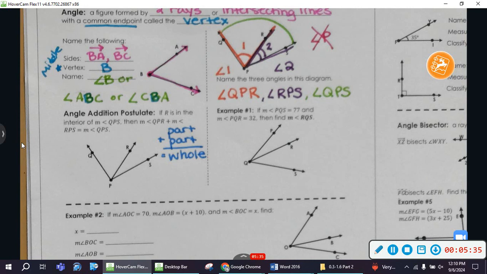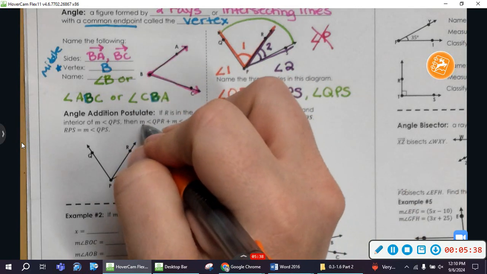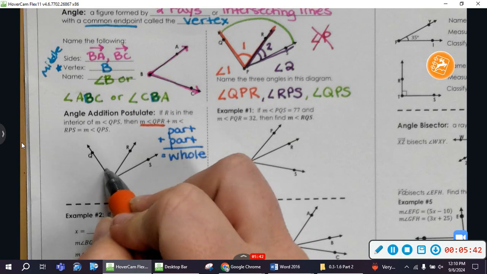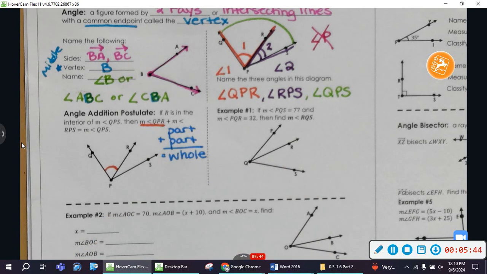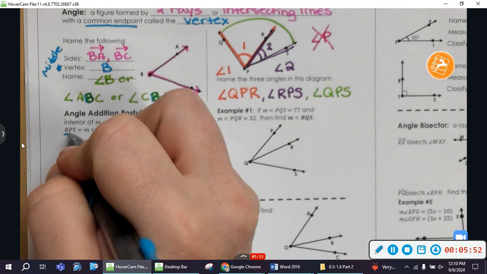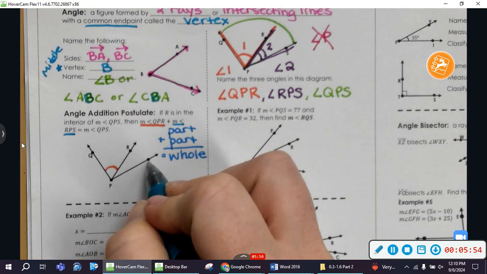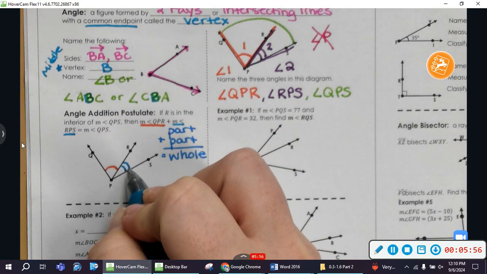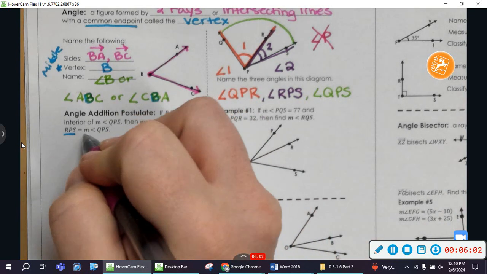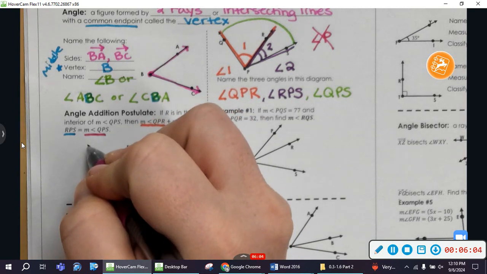So we are given this first part, angle QPR, this angle here. If I add it together with the second part, angle RPS, then they should add together to equal the whole angle QPS.